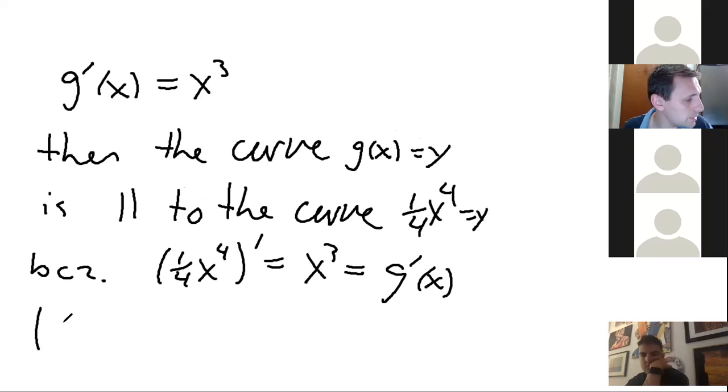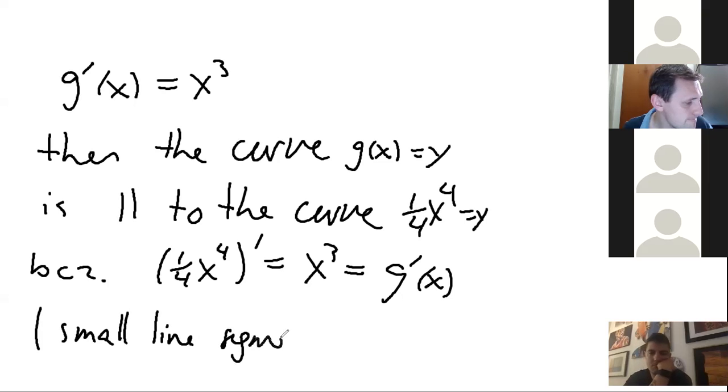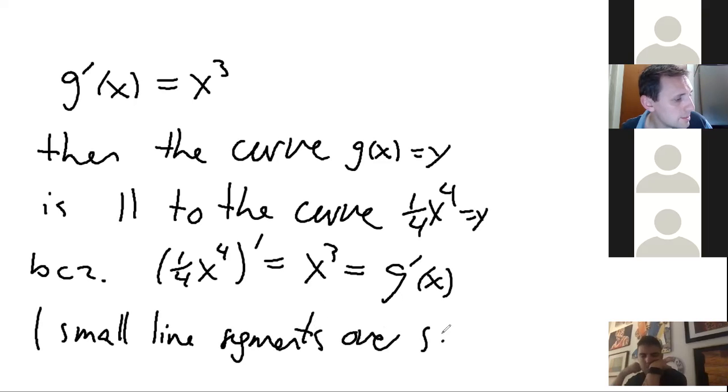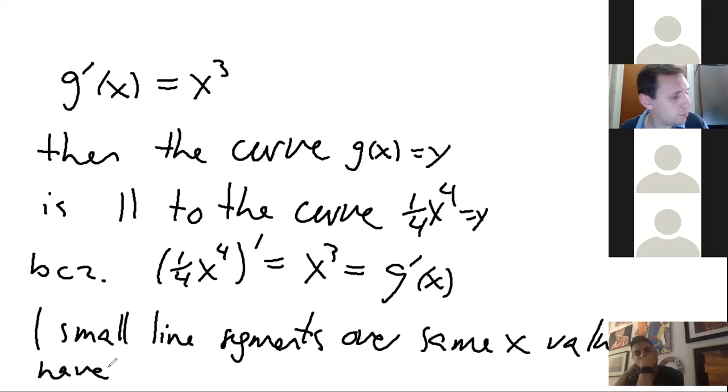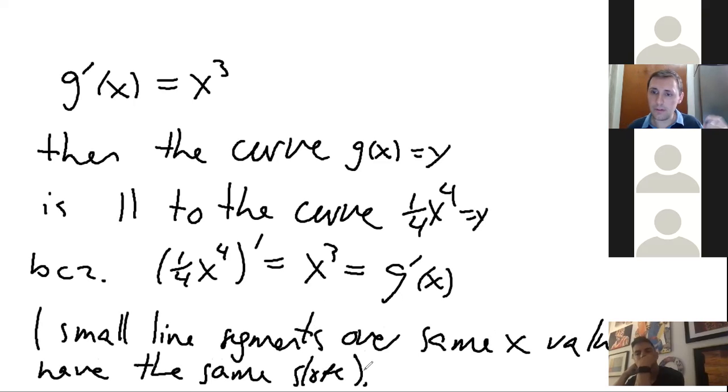So small line segments over the same x value have the same slope. You understand? That's how I see it geometrically.